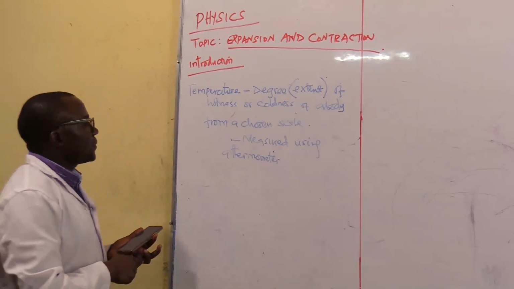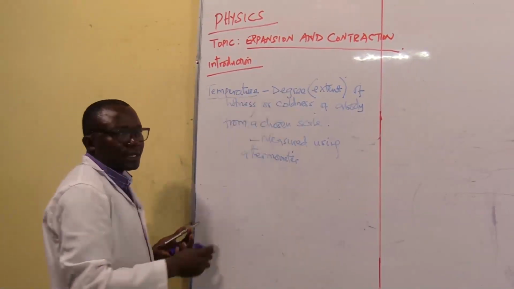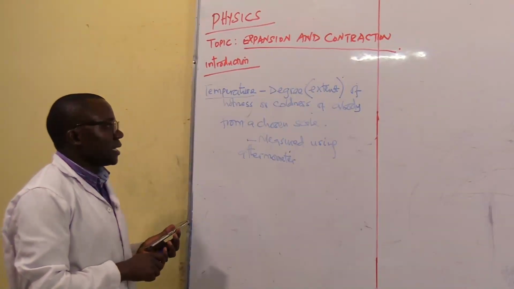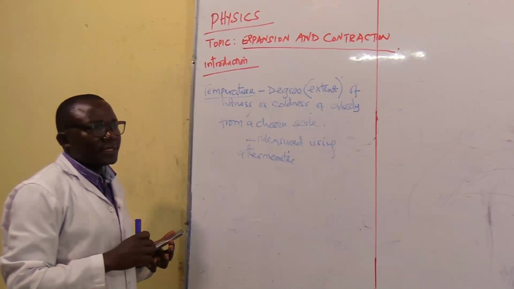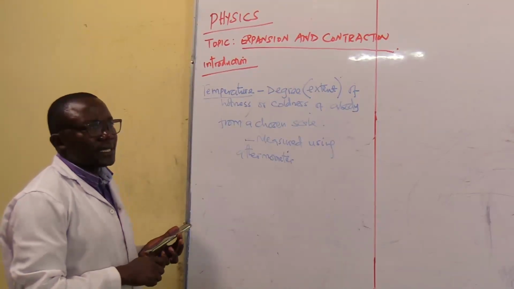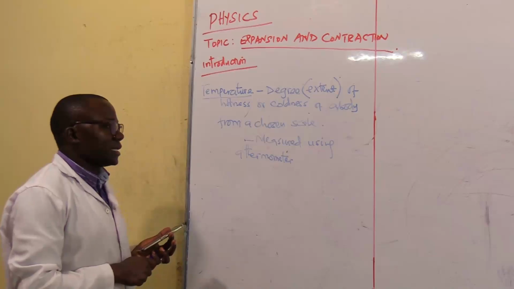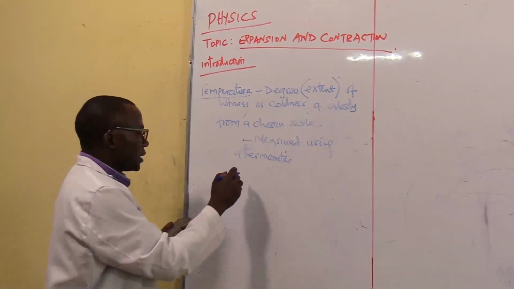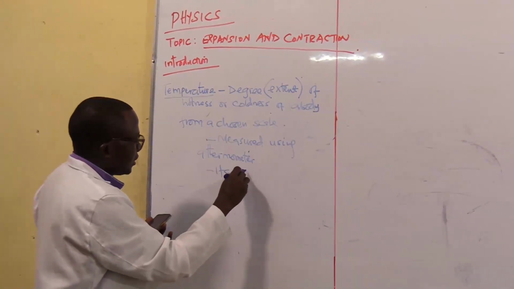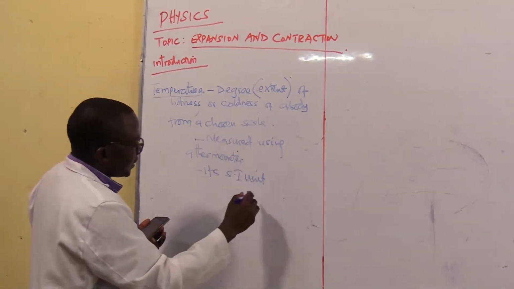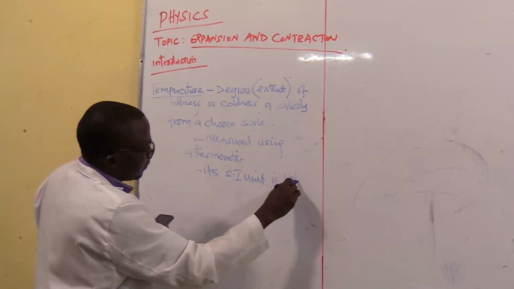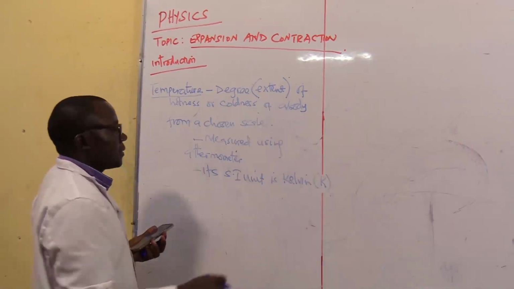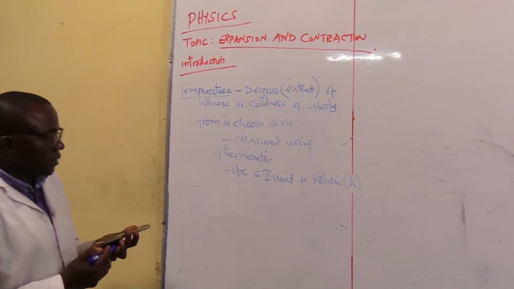We found that temperature, or the thermodynamic temperature, is among the basic physical quantities, and it is measured in Kelvin. Its SI unit is Kelvin, abbreviated as K.